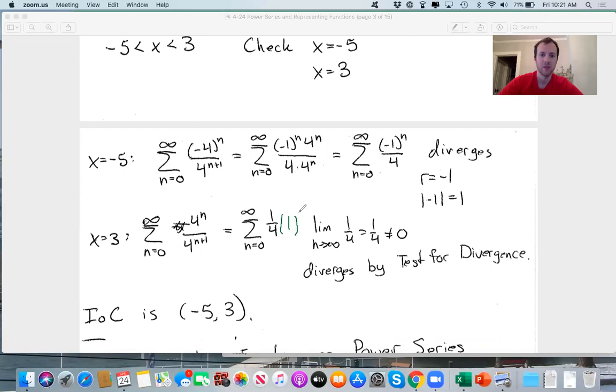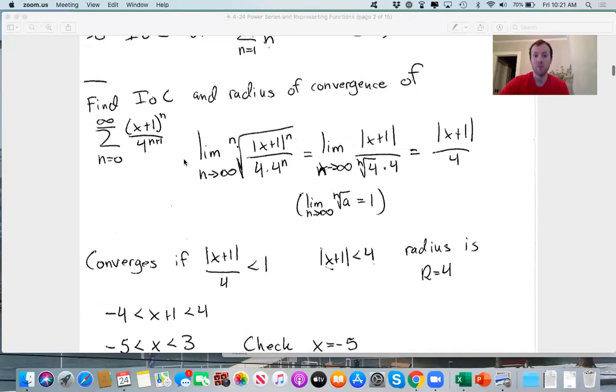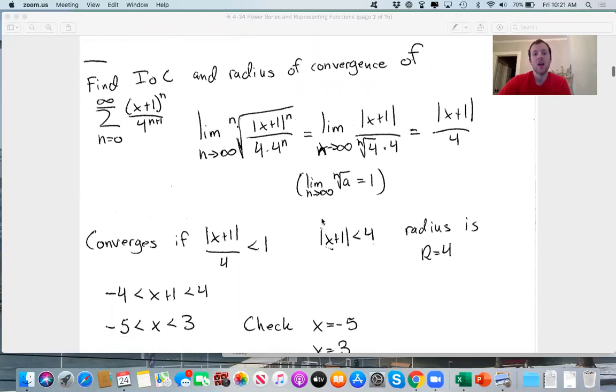You have 1 to the n. So the endpoint cases turn out to be geometric with r equals 1. And if you notice you're dealing really with a geometric series from the beginning, you can say, because it's geometric, I know the endpoints diverge. I don't even have to check them. But if you don't, or if your series isn't geometric, or if you approach it by the ratio test or root test, you really do need to check the endpoints.